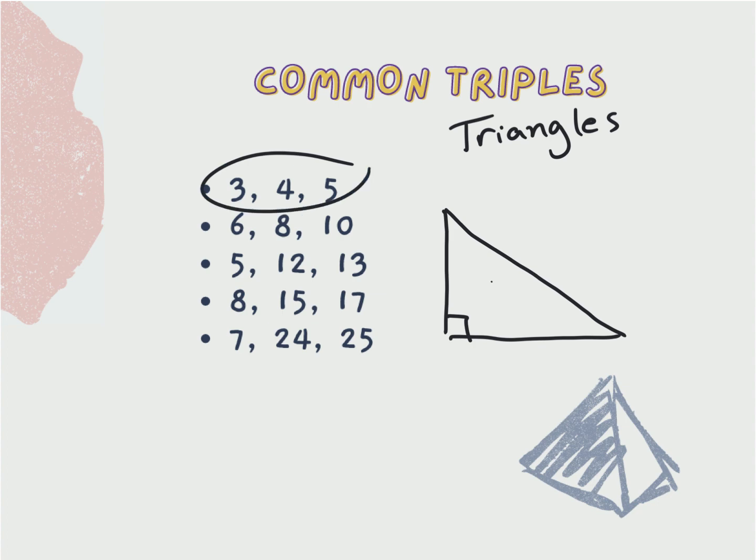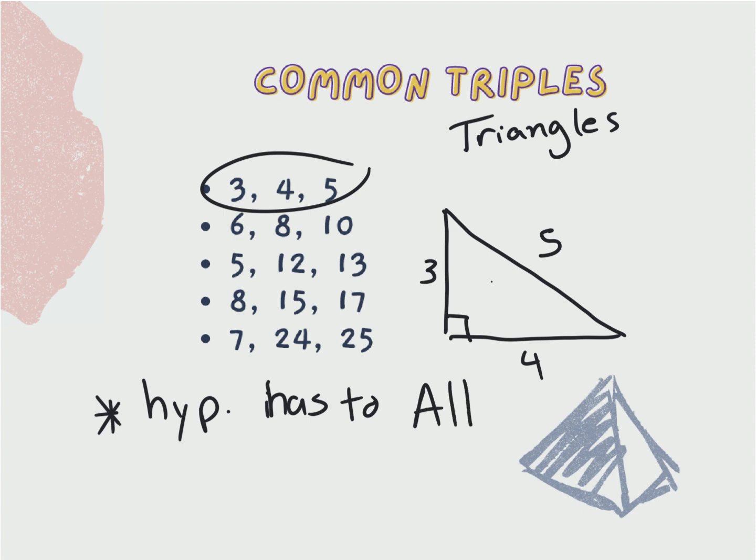Now, if we write them, let's do 3, 4, 5. Key important thing right here: the hypotenuse always has to be the biggest number.